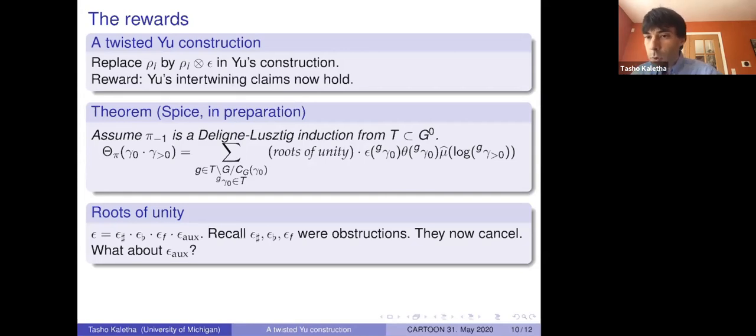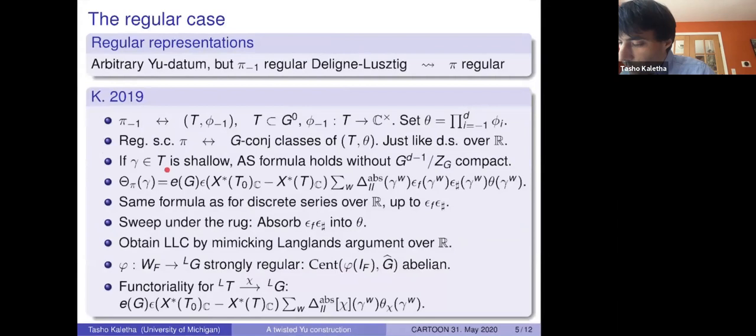So what happened was, if you remember, there was this delta 2 term a little bit earlier. So here it is. This was the way the character formula looked before. And there was a delta 2 term in it. And that delta 2 term was a facilitator in Langlands functoriality between LT and LG. It depended on the L-embedding.